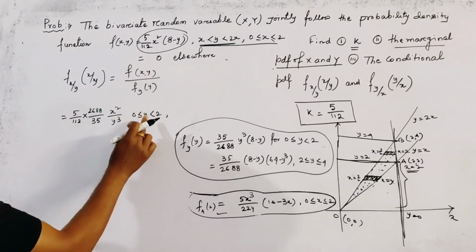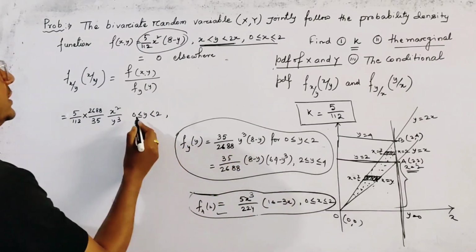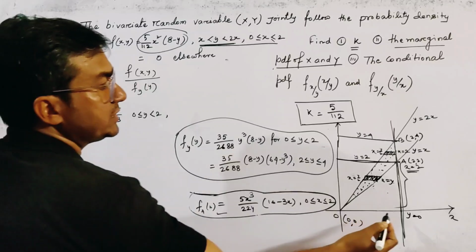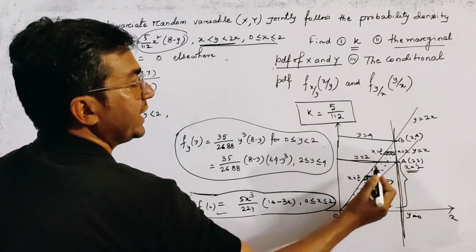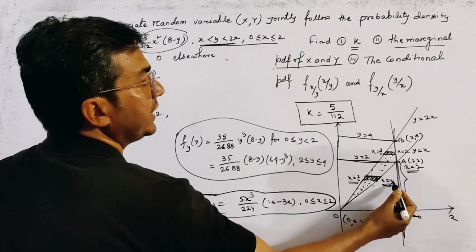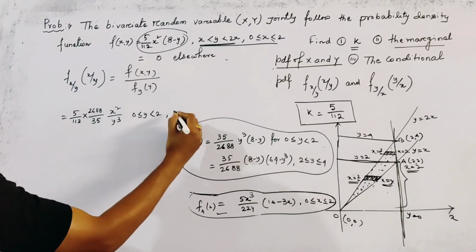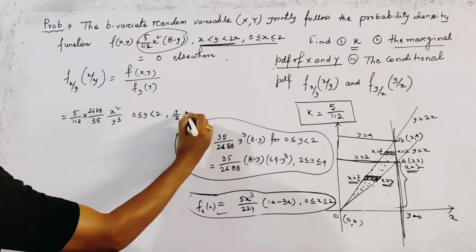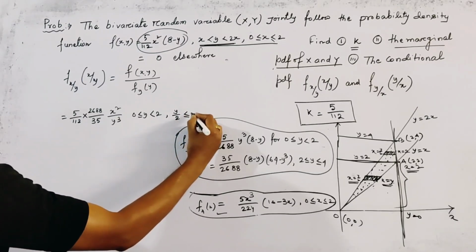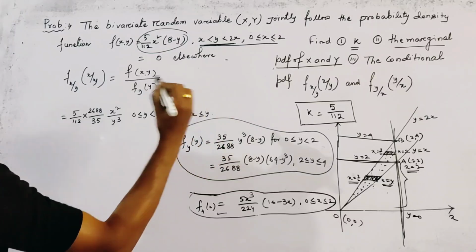Now we must write the range of x here, and clearly in between 0 to 2, the range of x is starting from y by 2 and ending in y. Okay, so we write the range of x here, this is y by 2 less than or equal to x, less equal to y.